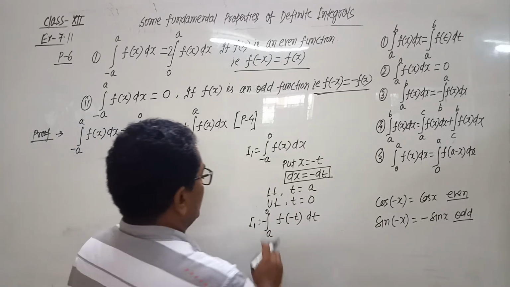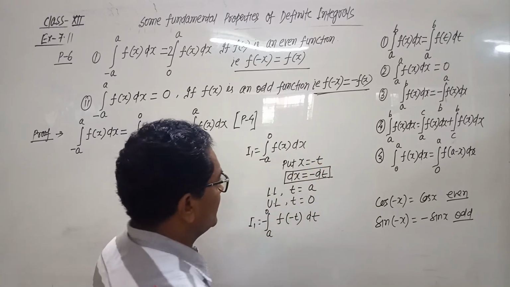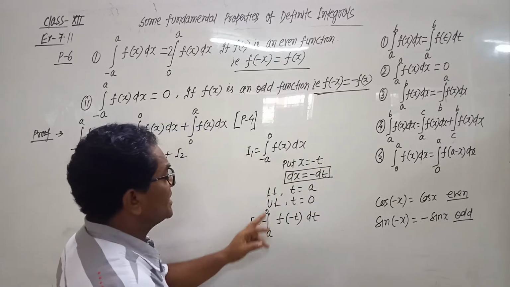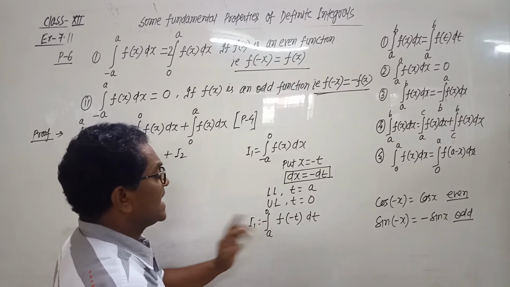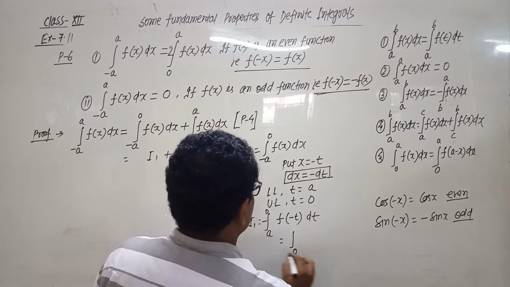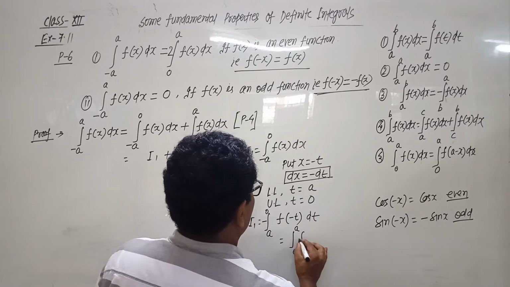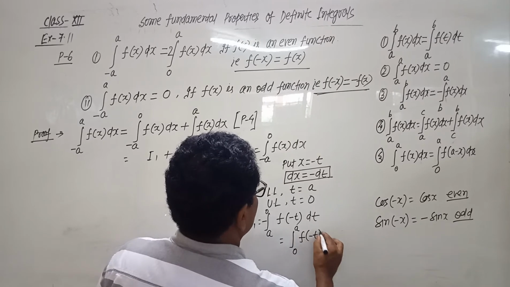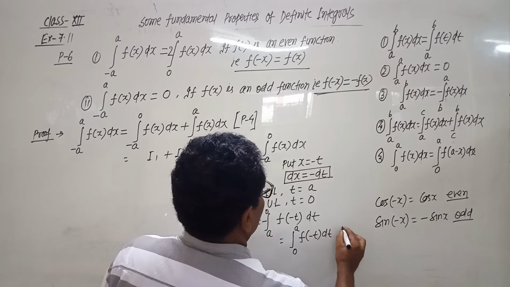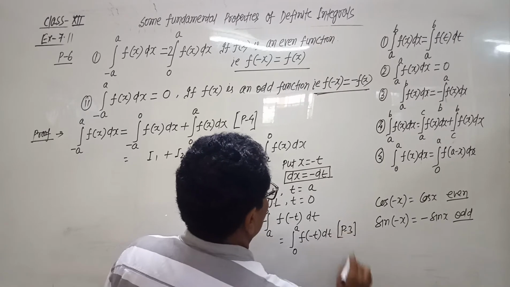Now we can use property number 3. When we interchange the limits, the sign gets changed. So we interchange the limits to 0 to a, its sign becomes positive, and f of minus t dt.